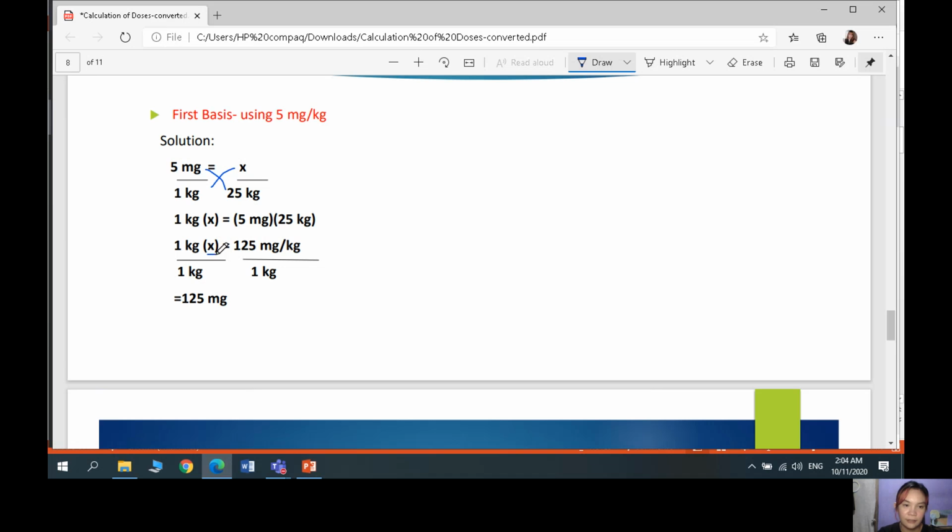So x is equal to 125 mg per kilogram, which is the answer here, over 1 kilogram. And then cancel out all the kilograms. So the answer is 125 mg for the first basis.